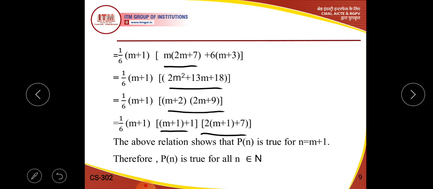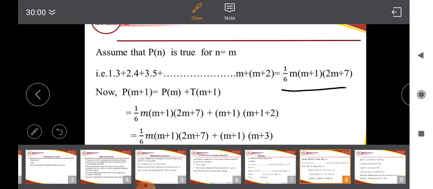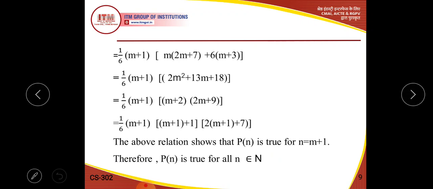Now you can see here this statement, which is true for n equals m, is the same as, if we replace m by m plus 1, we get the same result.